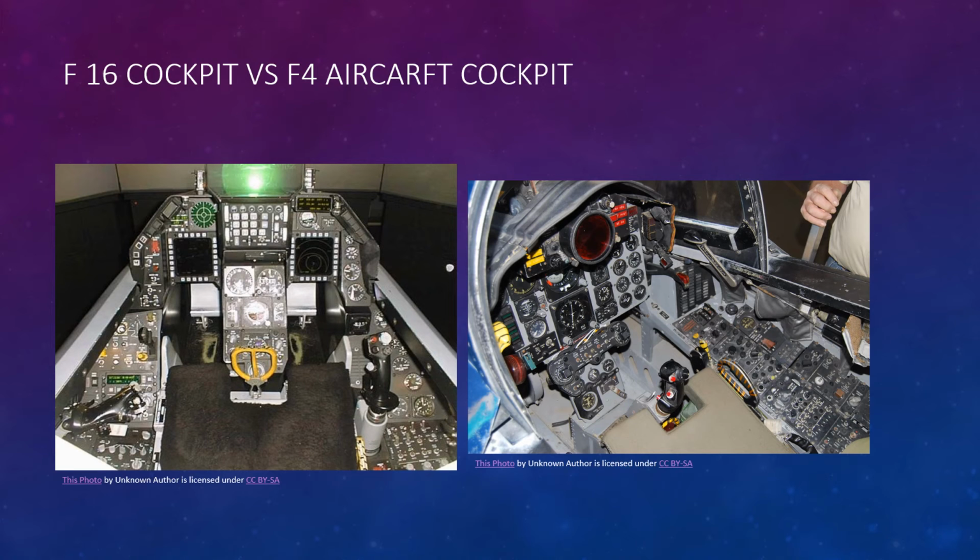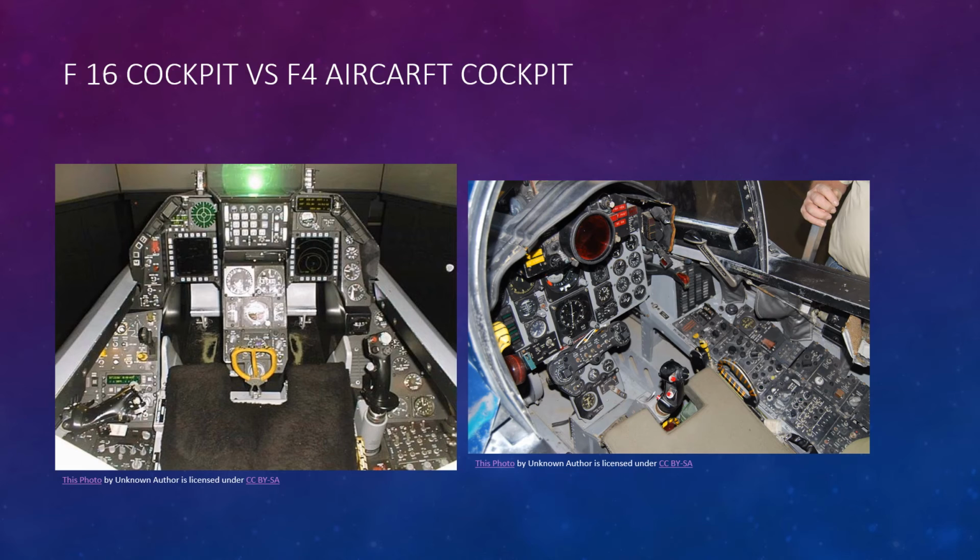Now here we have a comparison between the cockpits of the F-16 and F-4, the F-16 being a fourth generation fighter and the F-4 being a third generation fighter. As you can see in the F-16 cockpit, there is a lot more order as compared to the F-4.